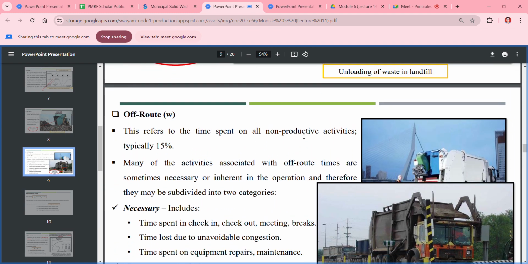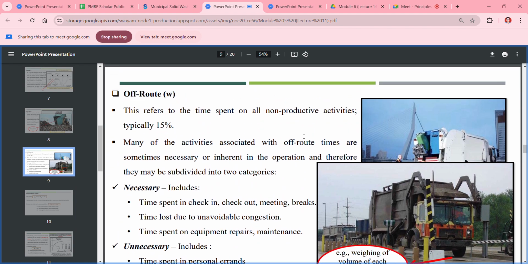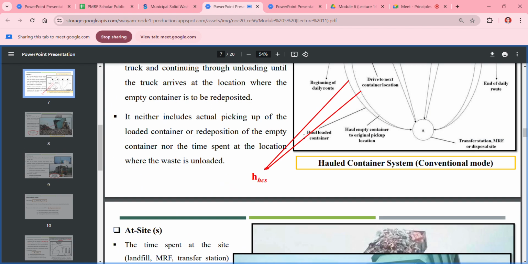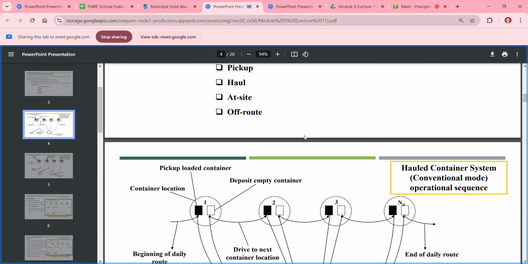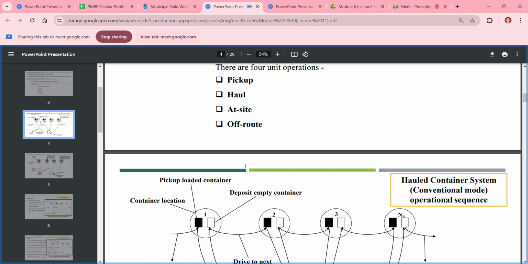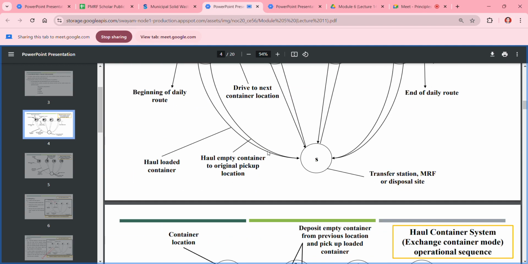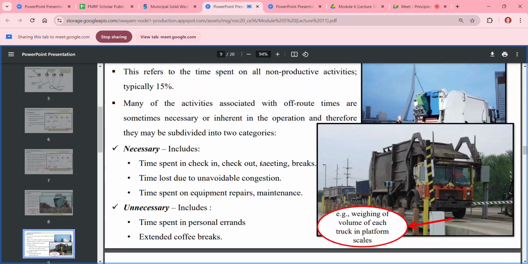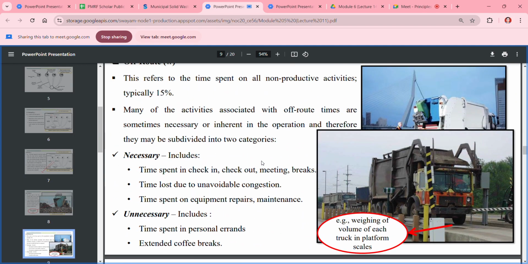Okay, so coming to the fourth point, that is off route. Before that we had talked about the pickup operation, the haul operation, and the at site operation. Now we are coming to the off route. This is defined as all the time spent on non-productive activities, like time spent checking in for the workers, or meetings, or breaks, or coffee breaks, or time lost due to some unavoidable congestions.